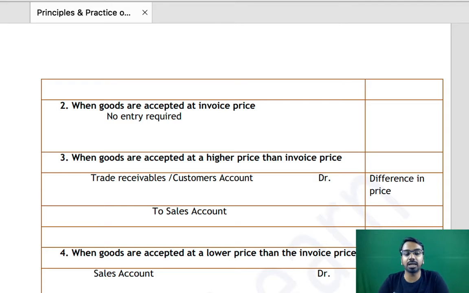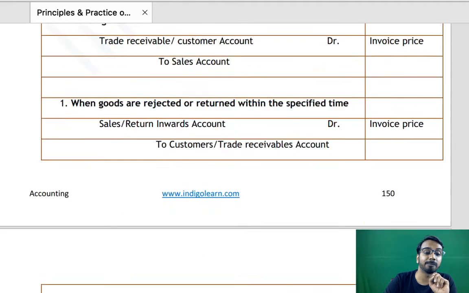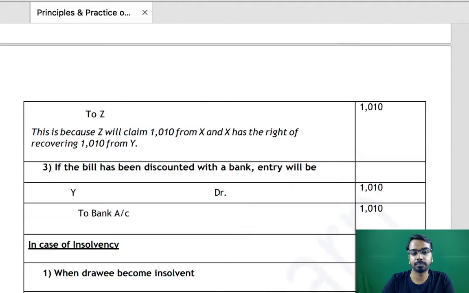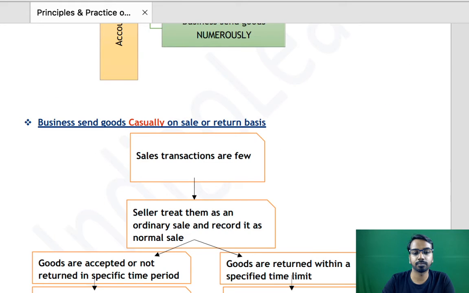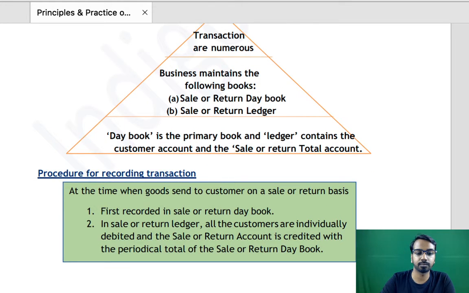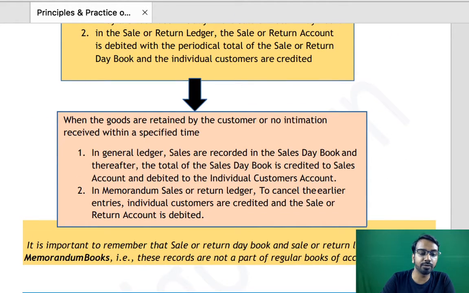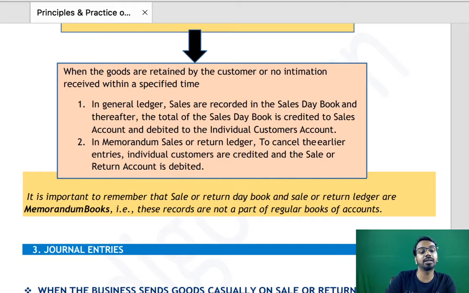Now specific attention has to be given when it comes to year-end related transactions. Year-end meaning financial year closing or period end or quarter end. At that point of time, we had sent goods to the customers and we had debited trade receivable and credited the sales account, but we know sales has actually not happened.